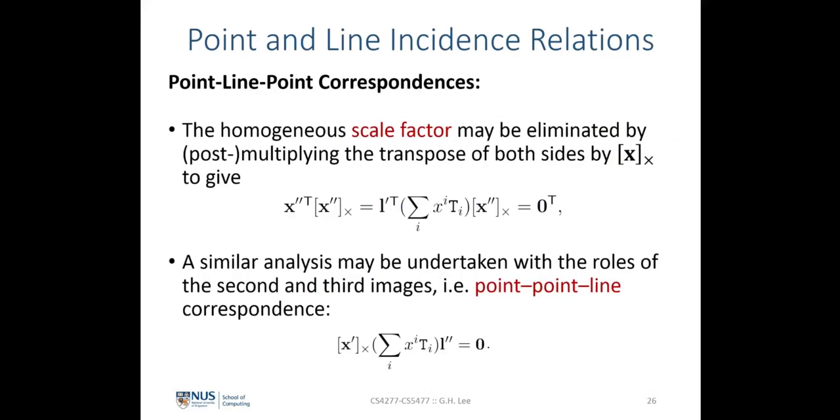Now, the homogeneous scale factor from the homography relation can be eliminated by taking the cross product of x on both sides.